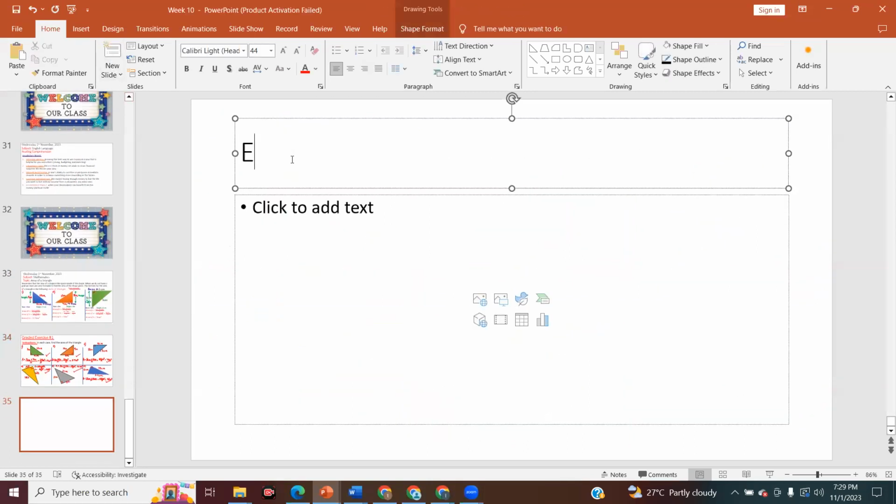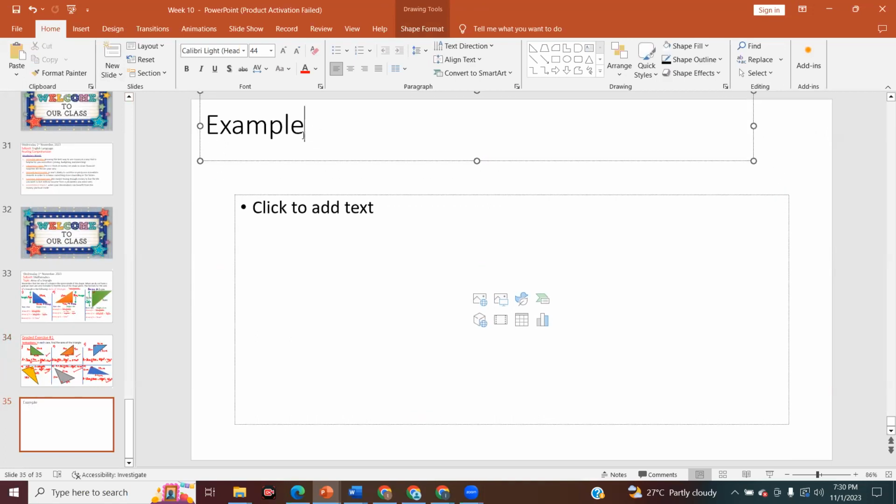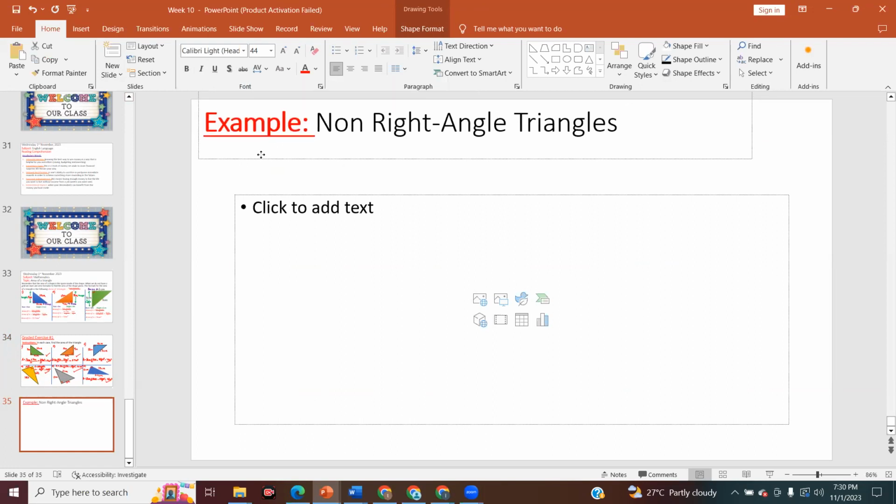This example, when it is not a right angle triangle. Let's say, non-right angle triangles. So how do we deal with stuff like this? It's going to be kind of weird, the way it's going to be done, but certainly doable. All right, so let's begin.